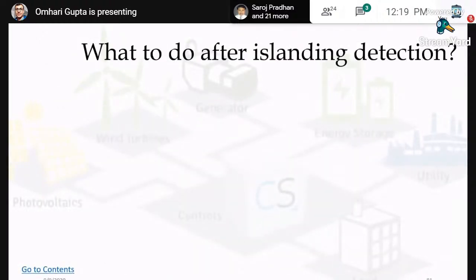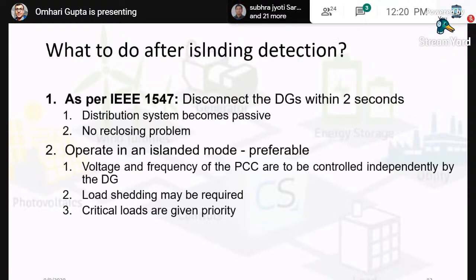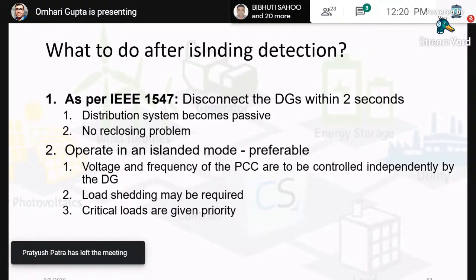Now, what to do after islanding detection? As I said, there are two options available to you. Either you remain connected to the system or you disconnect yourself. So, the IEEE 1547 standard says that please disconnect yourself within 2 seconds, and they assume that the distribution system becomes passive after this disconnection, and no reclosing problem will be there.